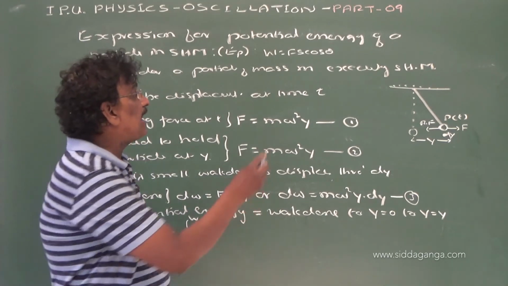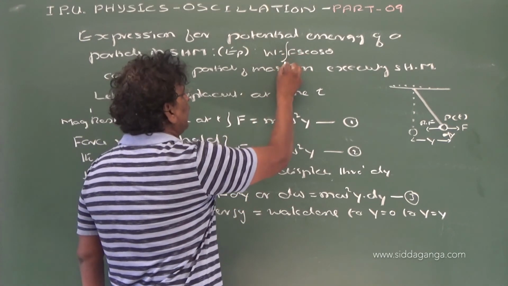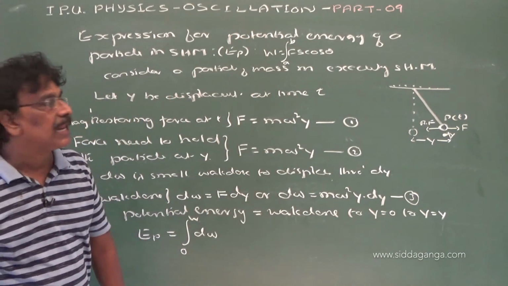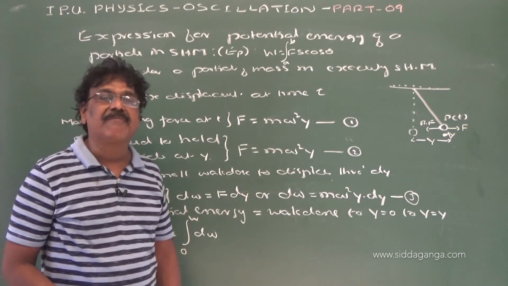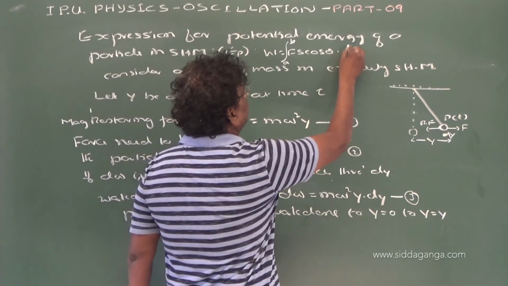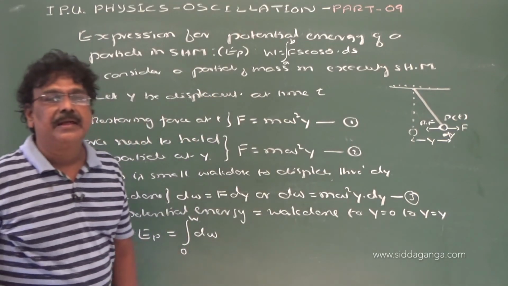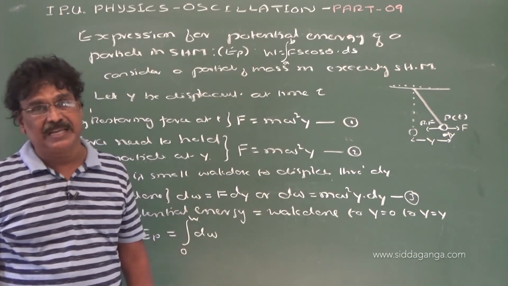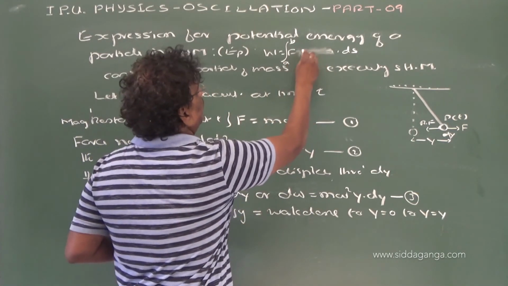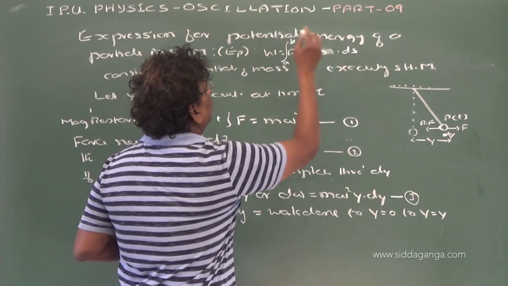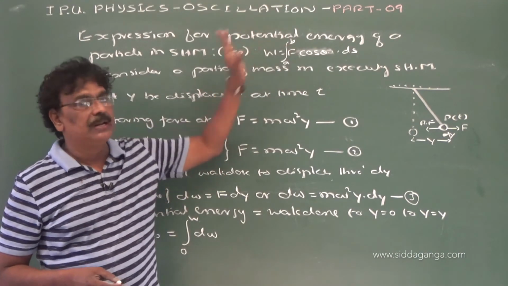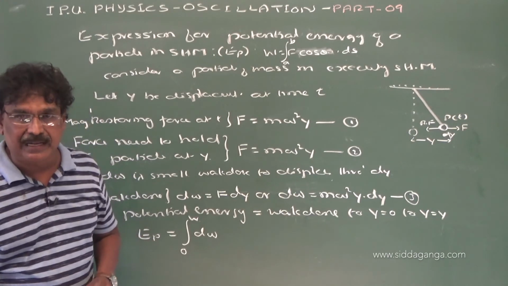If it is a variable force, then the work done is equal to the integral from A to B of F cos theta into ds, where ds is the small displacement. Here A is the initial position and B is the final position.